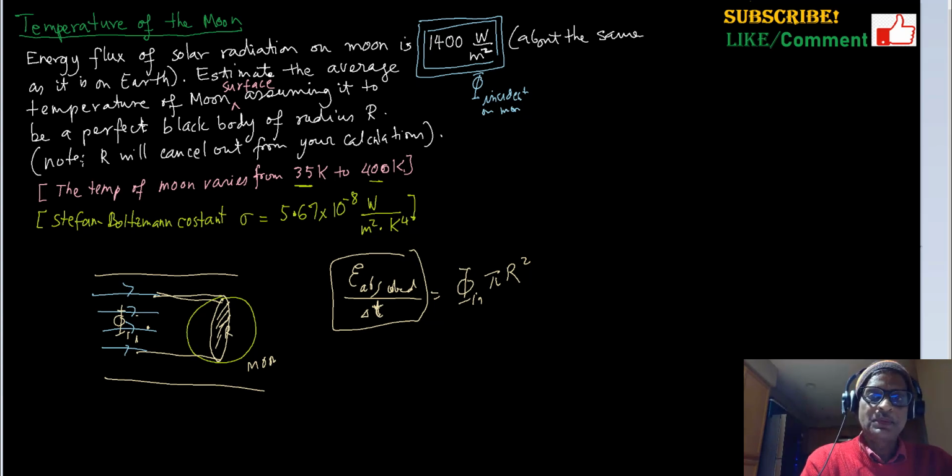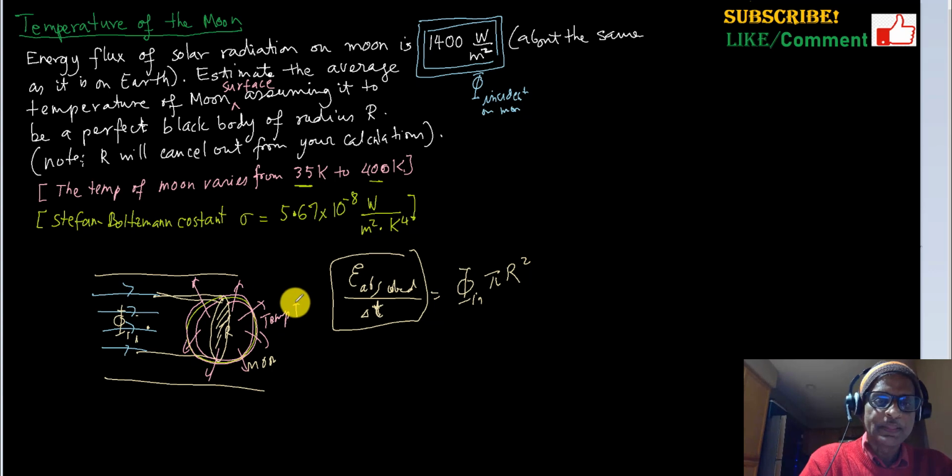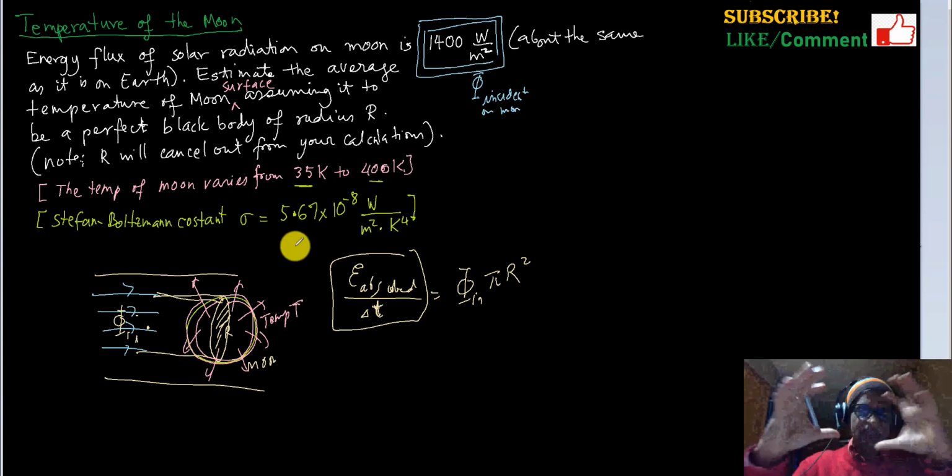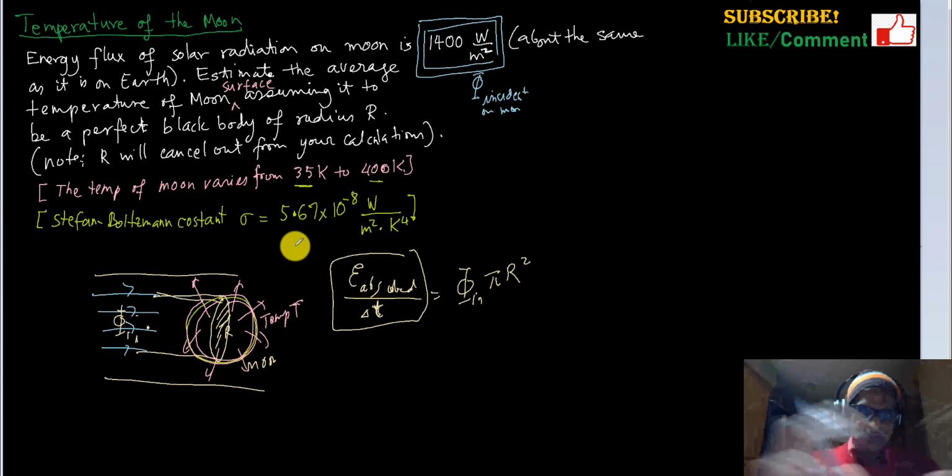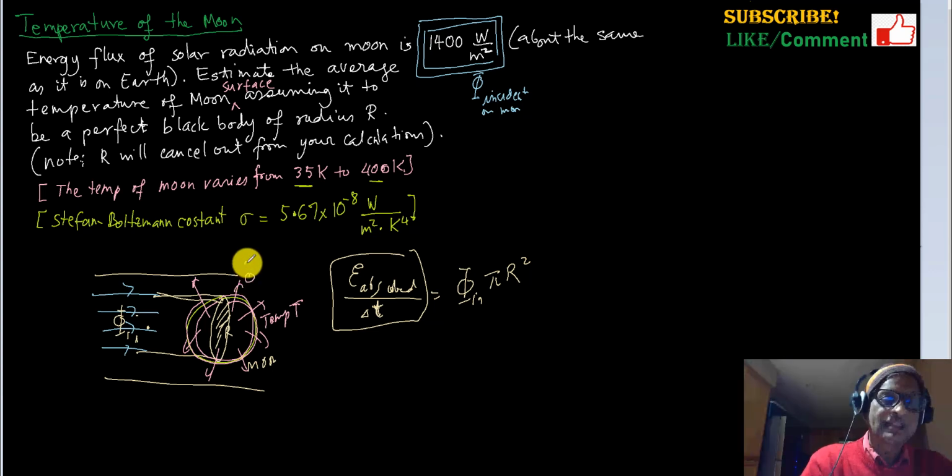Then the moon itself will be emitting radiation from its surface. Because it is at temperature T, it is going to radiate out just like the sun. The surface of the sun has a certain temperature and radiates out, and so this is going to radiate out too, and it has a flux out.